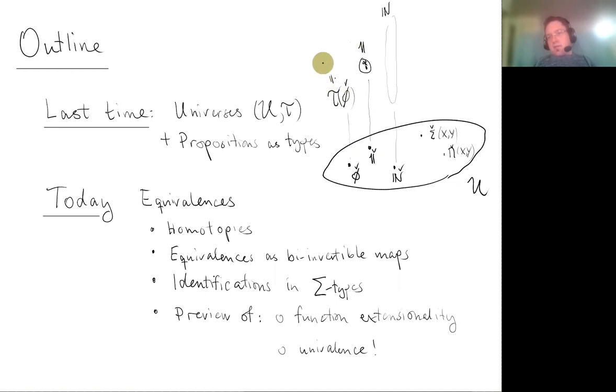So here t of the code for the empty type is the empty type, and so on. Here is the unit type, and here are the natural numbers. That's just a picture of a universe. As I said, if u is a large universe, you may have a code here for a smaller universe, and things you might build out of those. There are also coproducts and stuff like that. Obviously, you can't draw everything in the universe.